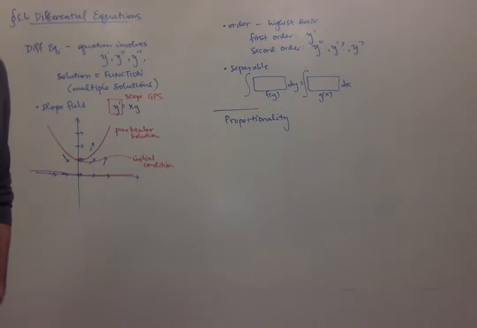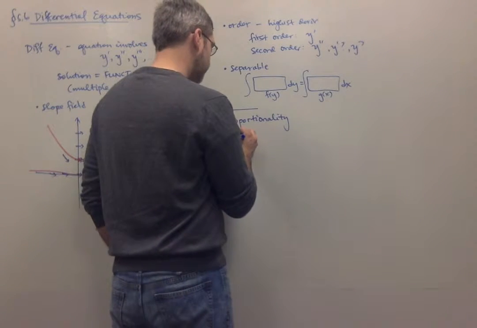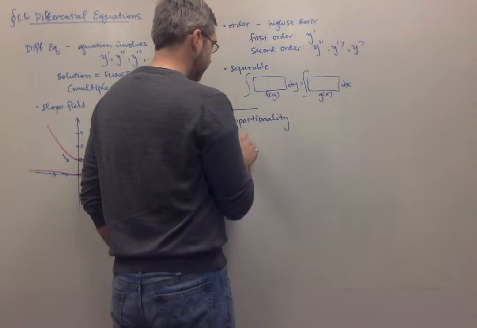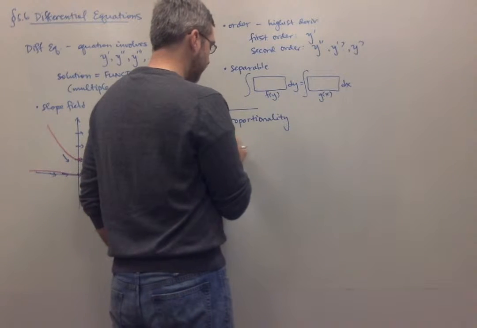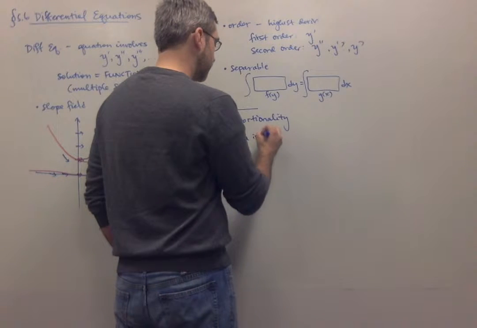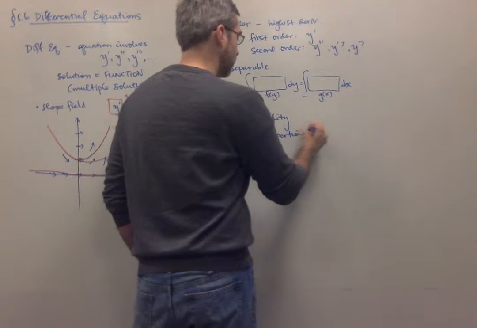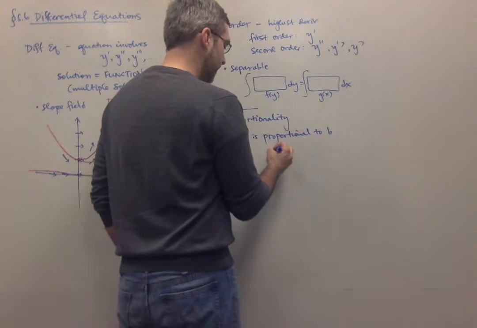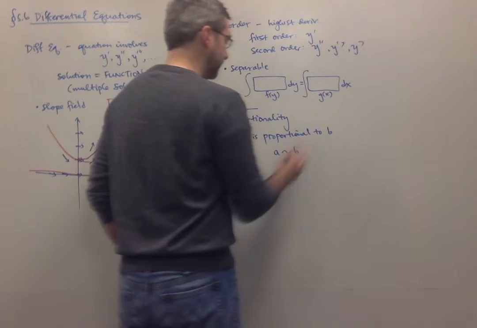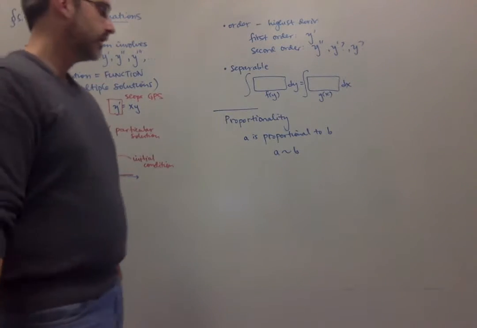If I say two things are proportional, that means something very special. So, for example, let me say, if I were to say A is proportional to B, the way that we write that is we use a little tilde, a kind of a squiggle.